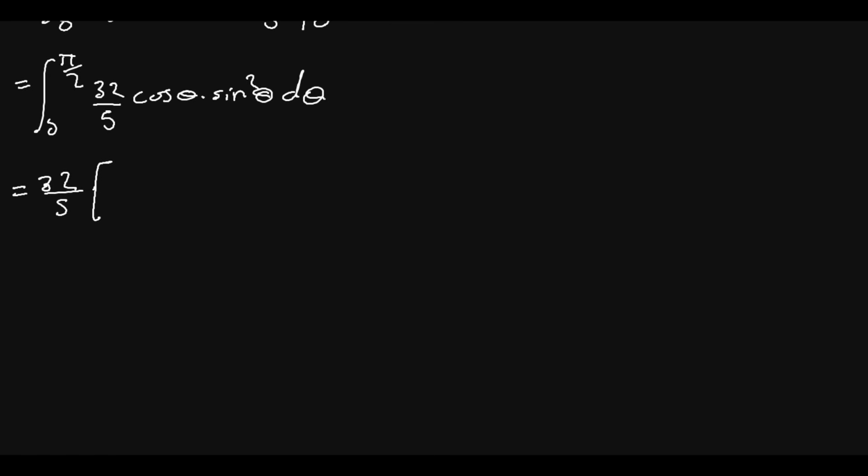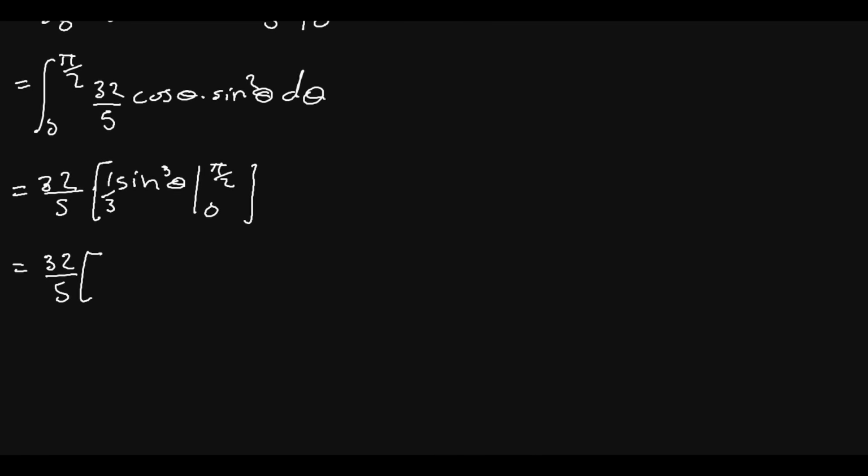So therefore what we will get here is in fact sine cubed theta over 3, from 0 to pi over 2, times 32 over 5.